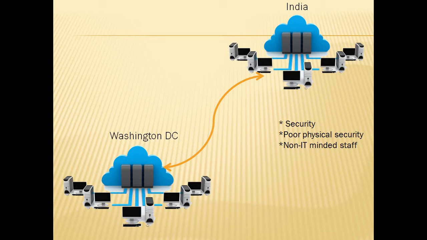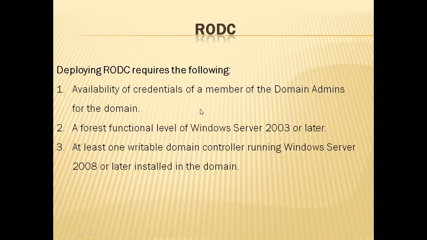These tasks will not be done from the read-only domain controller. That's why we are going to set up the read-only domain controller in our branch office. So without wasting much time, let's see the requirements for deploying the read-only domain controller.